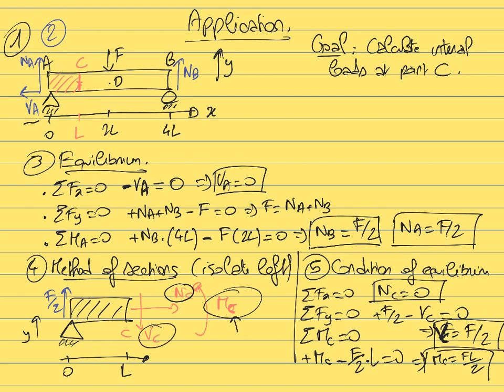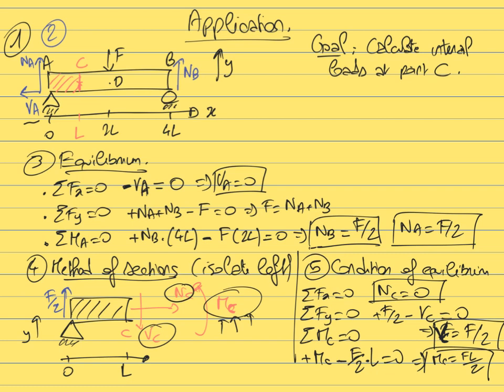We have calculated the internal shear VC, it's equal to F over 2. And we have calculated the internal moment MC, which is equal to FL over 2. So if you want to solve a problem where you need to calculate the internal load at a given point, you can always follow those 5 steps, and that is going to give you the answer that you want.